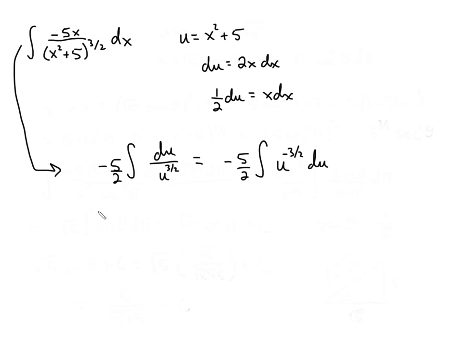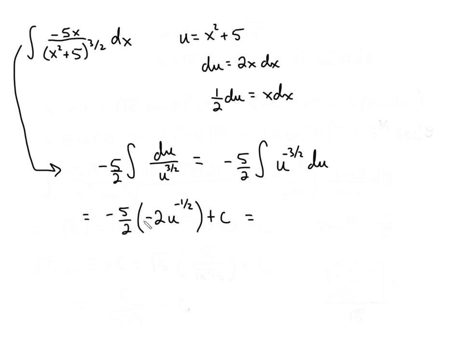And then raise that power by 1, power rule, minus 5 over 2. If I raise that by 1, I get negative 1/2, so that's going to turn into negative 2 u to the negative 1/2 power plus some constant.